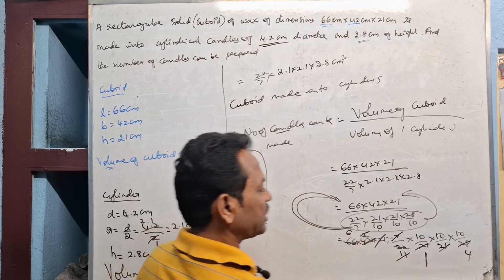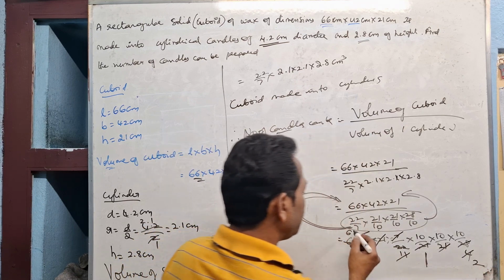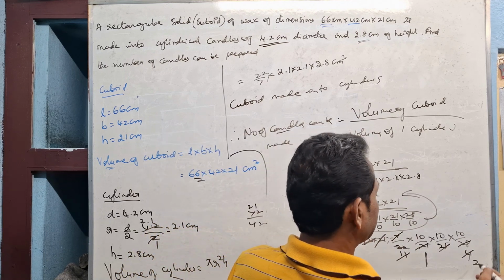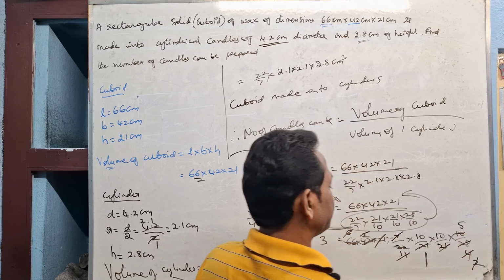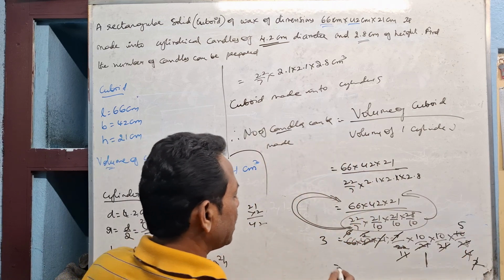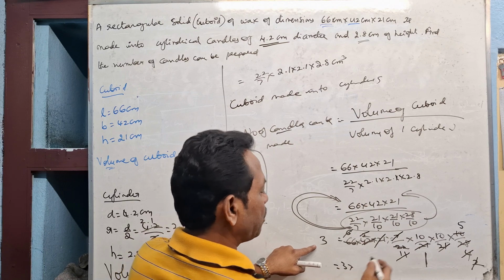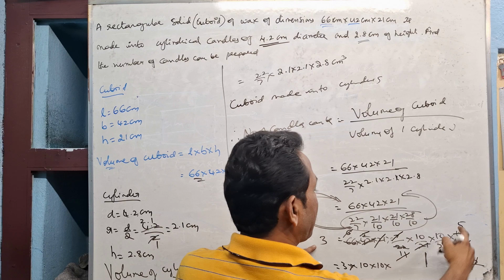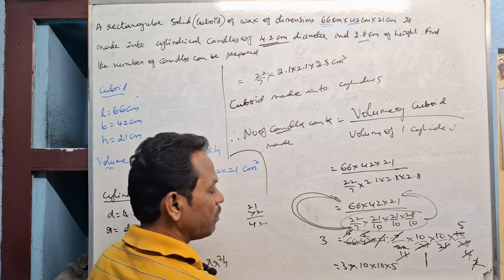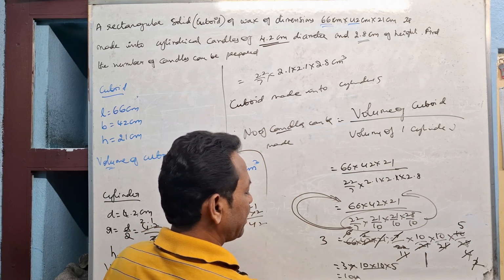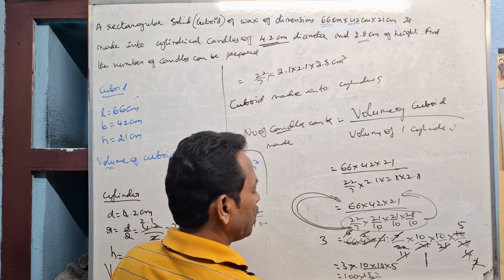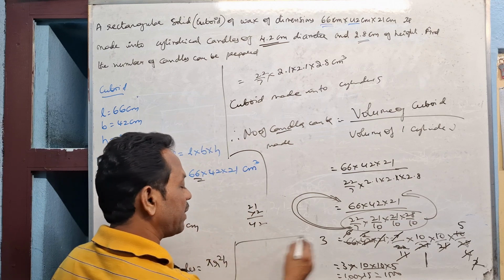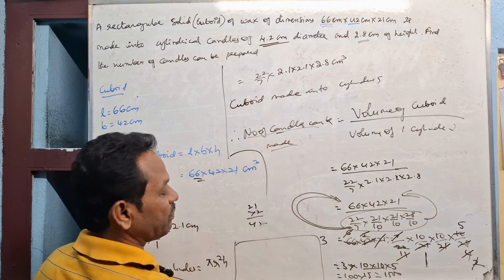Next, 2 twos are 4, and 2 threes are 6. 2 ones are 2, 2 fives are 10. Now we have 3 into 10 into 10 into 5. 10 into 10 is 100, and 3 into 5 is 15, so 100 into 15 is 1500. So the number of candles that can be made is 1500.